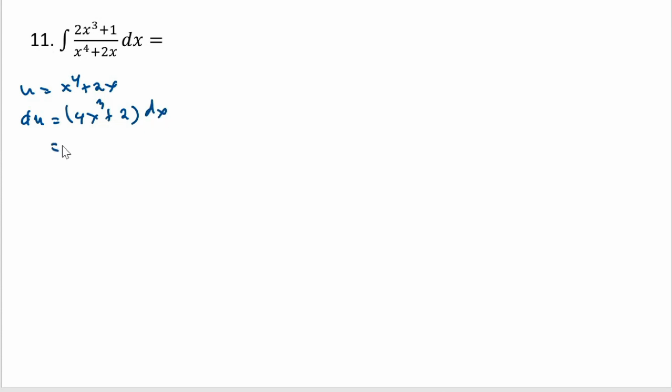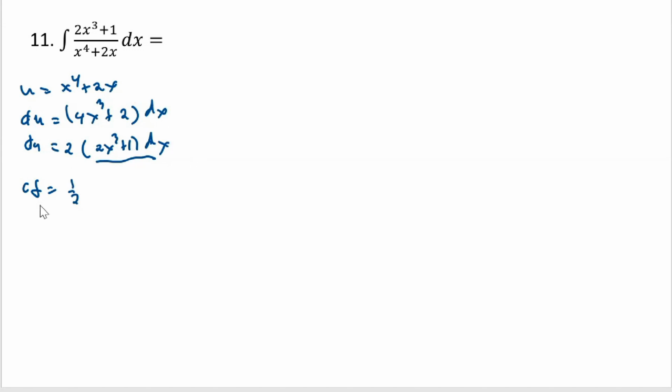So factoring out the 2, we have 2 times 2x cubed plus 1 dx. So 2x cubed plus 1 dx can be seen in the given. So therefore, we're writing that one, but still we have a coefficient factor of 1 half. To obtain 1 half, we're just dividing both sides by 2. Therefore, it becomes now du over 2 is equal to 2x cubed plus 1 dx.